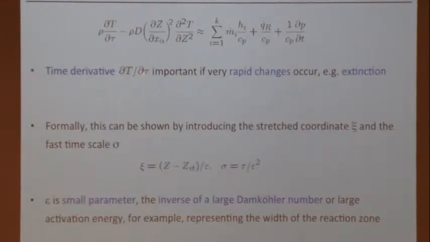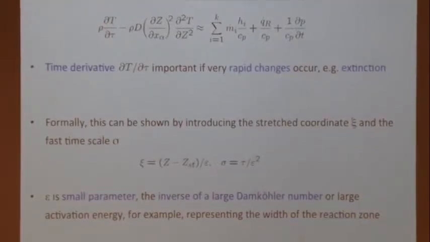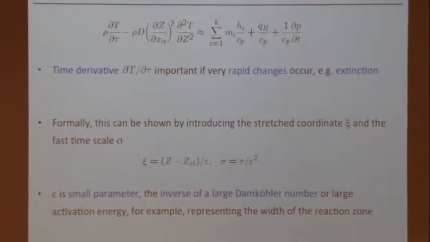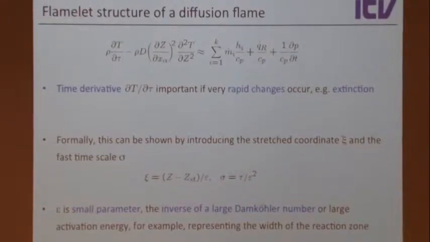Now, if you look at this, you have this term here, dZ by dx alpha squared. And what does that mean? So dZ by dx alpha squared, that by definition is what we call the scalar dissipation rate. We will see later on why it's called scalar dissipation rate. This term also, the same term, appears when we talk about turbulence in the scalar variance equation as a sink term of scalar variance.